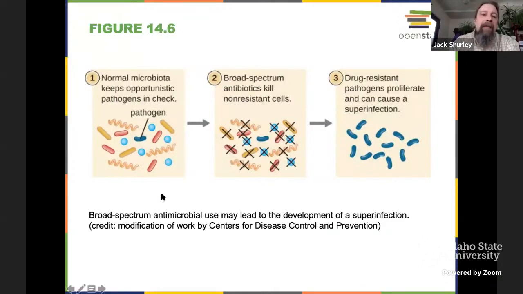So when we think about this, and this is kind of thinking back to where I talked about the different types of antibiotics, there's broad and narrow spectrum antibiotics. In this case, we're looking at a broad spectrum type of drug. We're looking at a superinfection. We're looking at maybe the potential for an overgrowth of one type of organism.